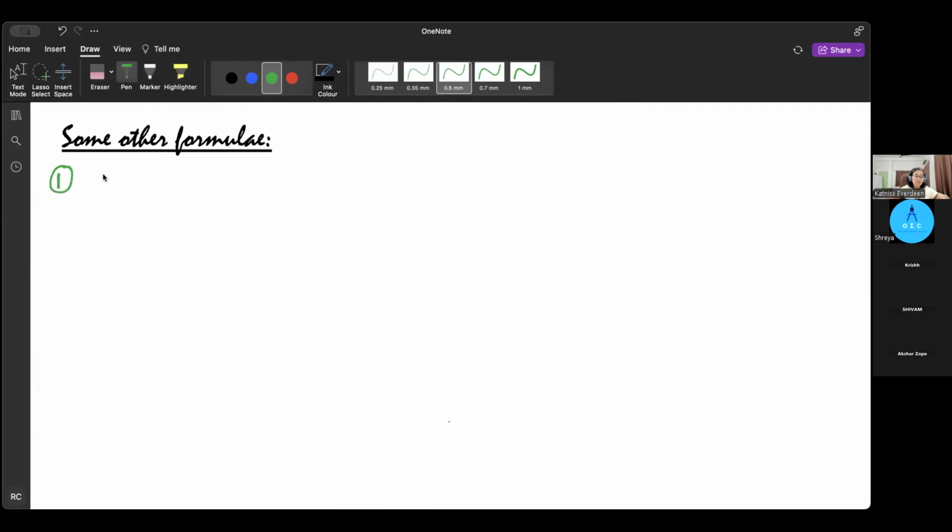Anyway, so the first formula we're going to do is small r. I'm claiming that this is equal to s minus a times tan a by 2. This is very, very easy to see. So I'll just tell you how to see it. Take the triangle, take the incenter, and drop this perpendicular.